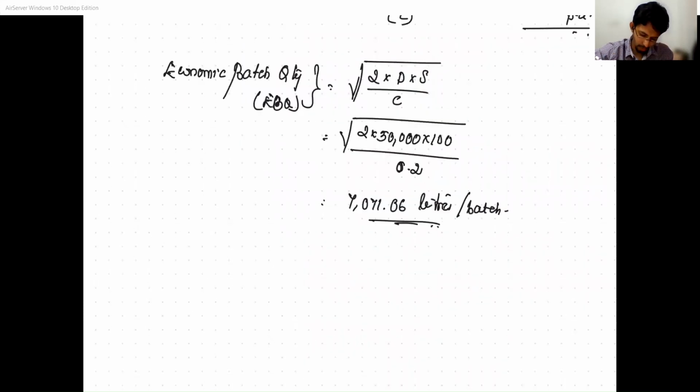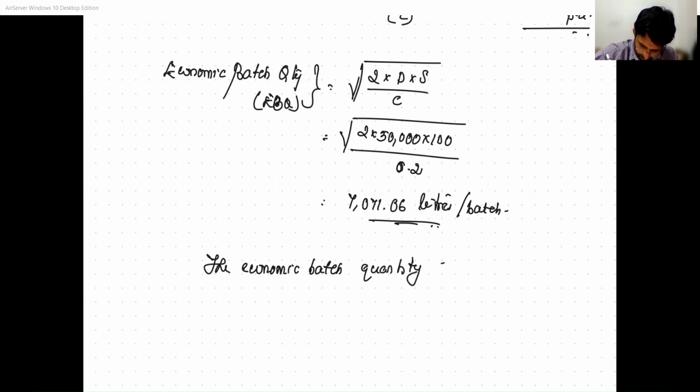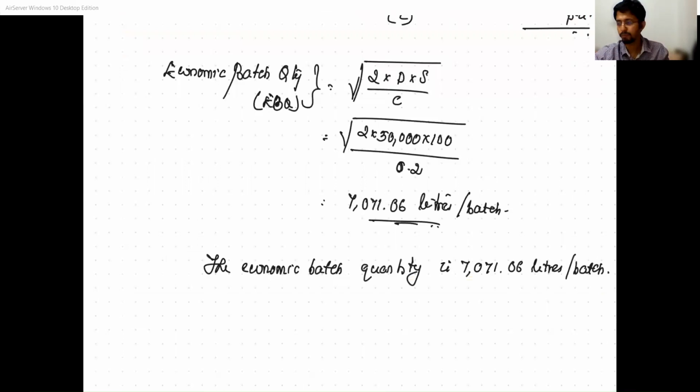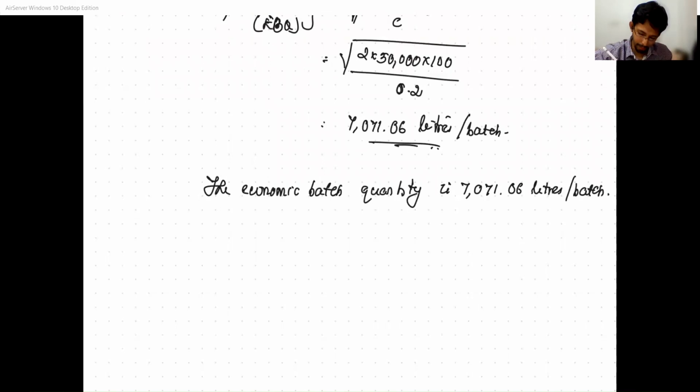Okay. So the economic batch quantity is 7,071.06 liters per batch. Okay. So that is the batch size at which the total cost will be minimum. If you want to find out the total cost at this level, okay, how do you compute?